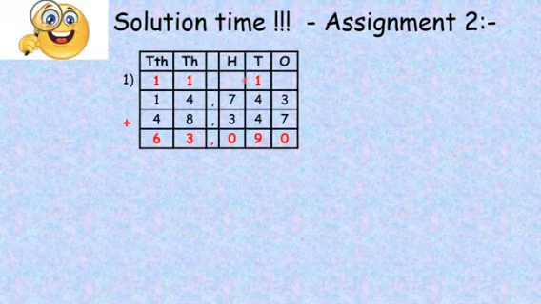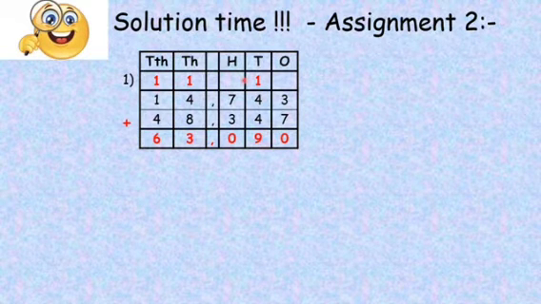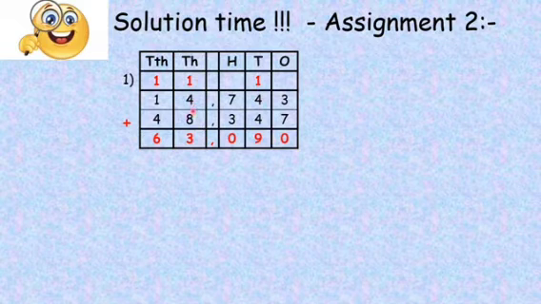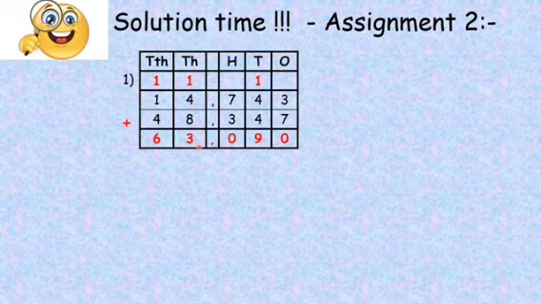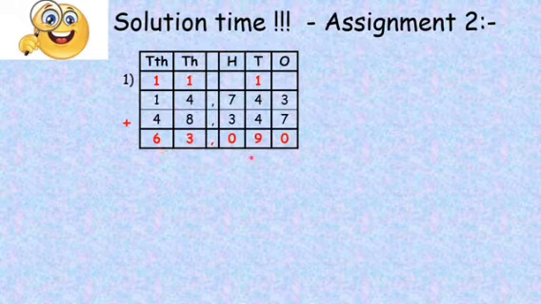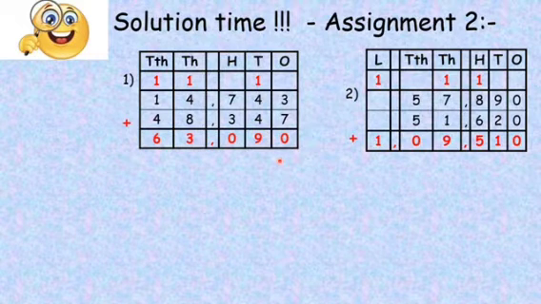Now I don't have any digit to carry over. 7 plus 3 again is 10, 0 at the bottom, 1 to thousands place. 8 plus 4 is 12, plus 1 is 13, 3 at the bottom, 1 carried over. Now 4 plus 1 is 5, plus 1 is 6. So the answer is 63,090.